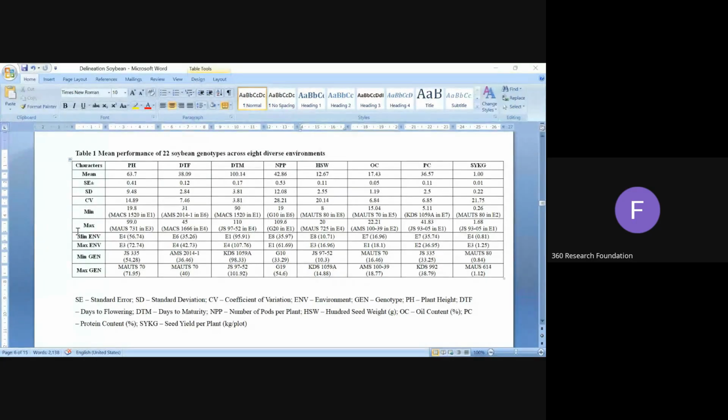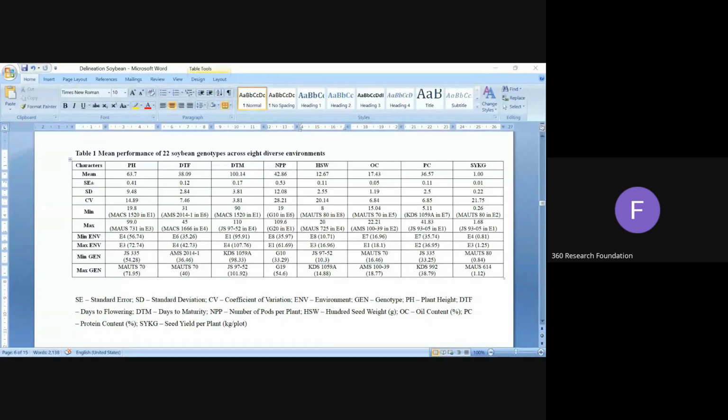Maximum is 1.68, JS 9305. Then again, you will get the minimum value in which environment, maximum value in which environment. Then genotypes. So this data will be here.